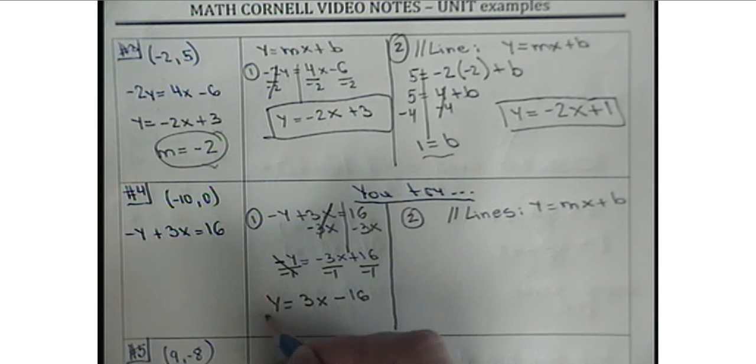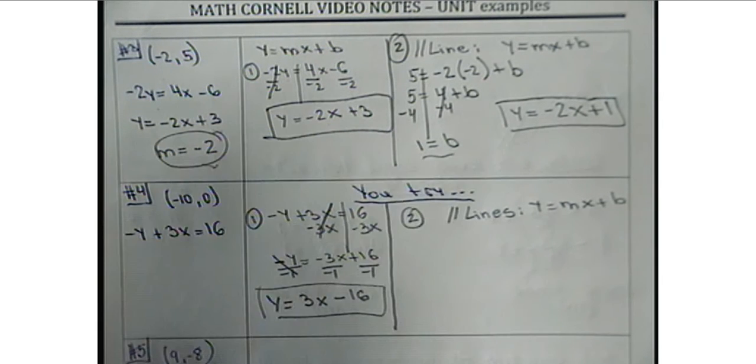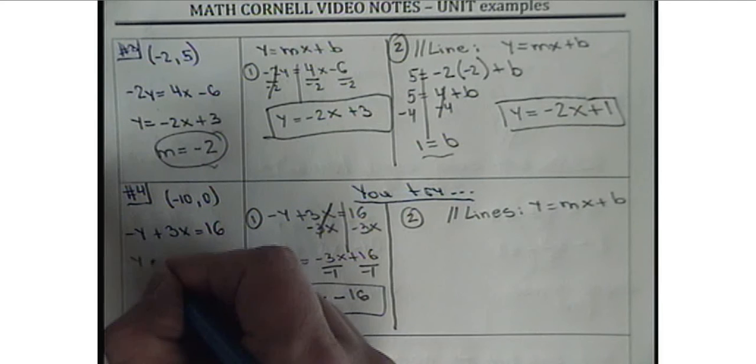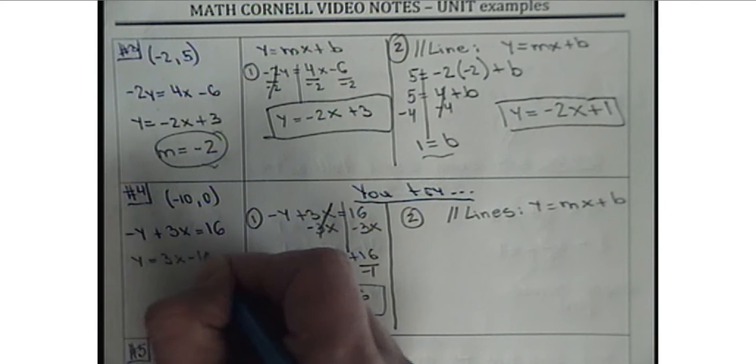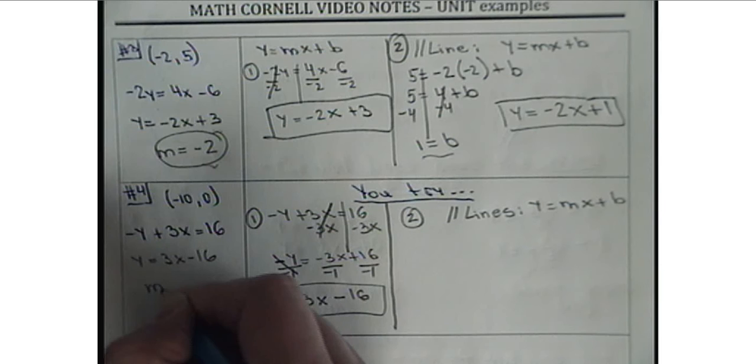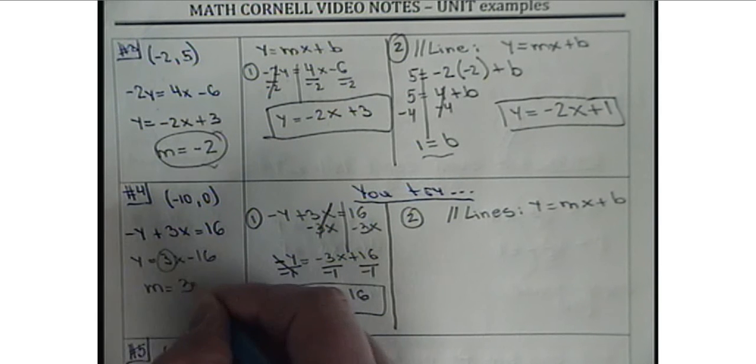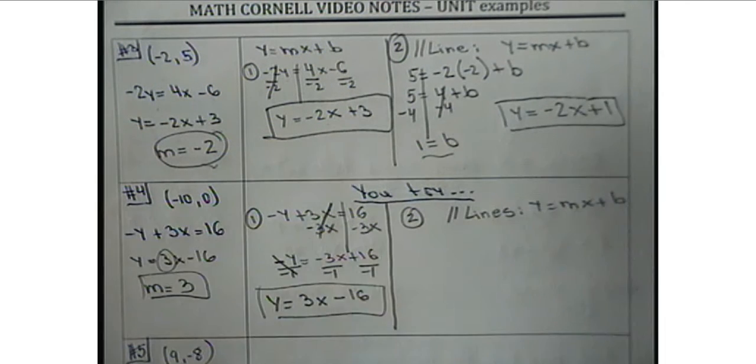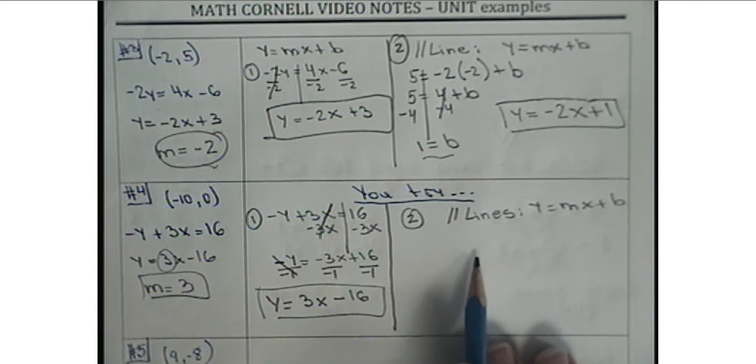That will be the first equation. So if I have y equals 3x minus 16, then the slope here is number 3. That's the slope I need to use to get my second equation.